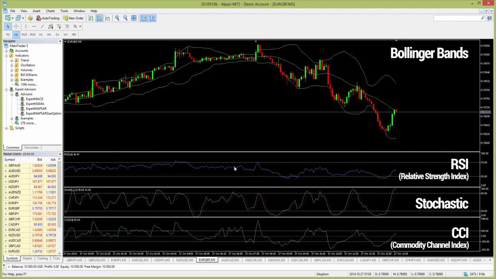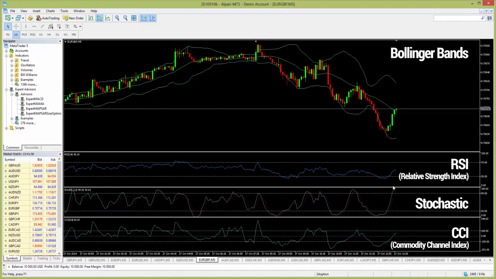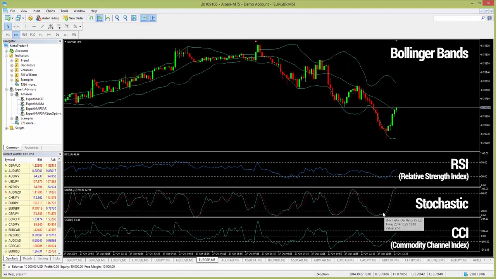In the RSI, we're looking for conditions where the RSI reaches 70 or higher when the price is going up, and 30 or lower when the price is going down. And in Stochastic, we're looking for a crossover in these two lines, either on the upper band or the lower one.